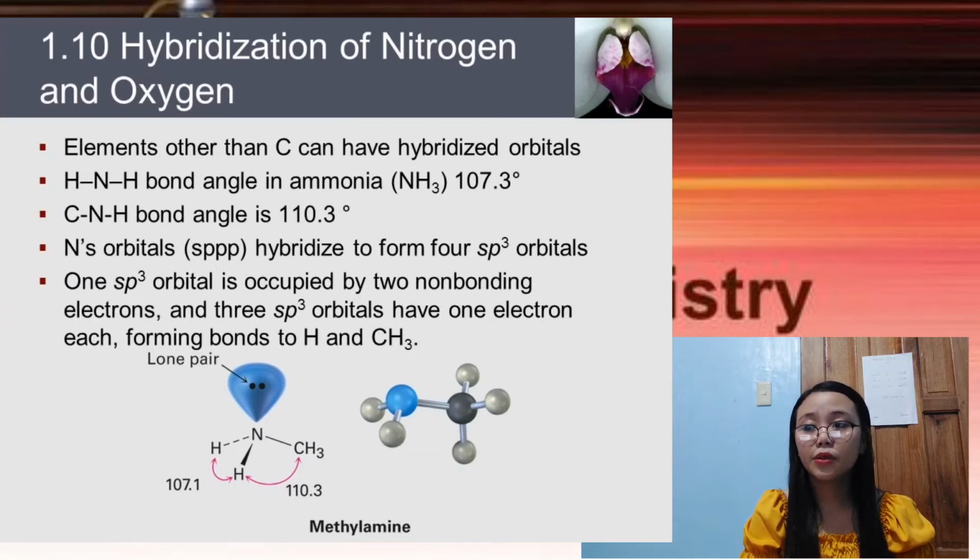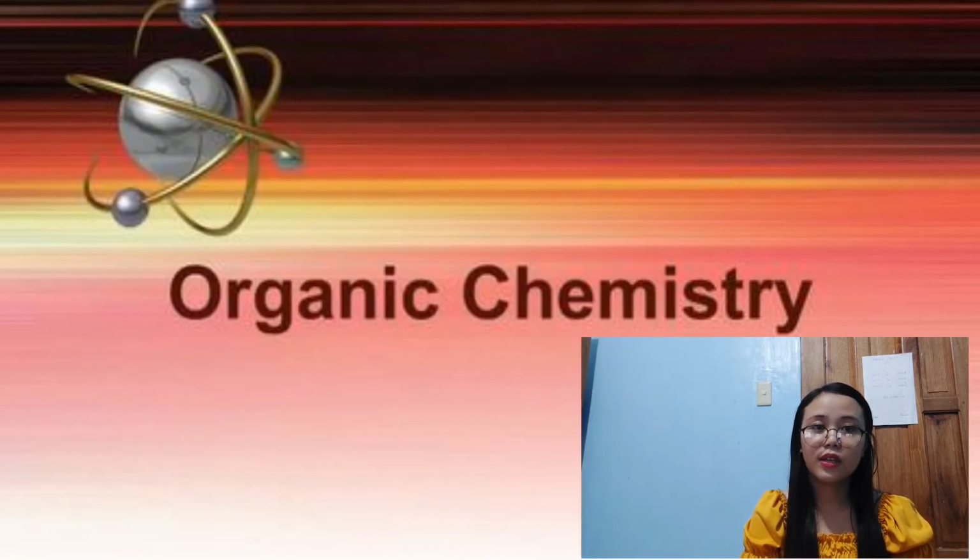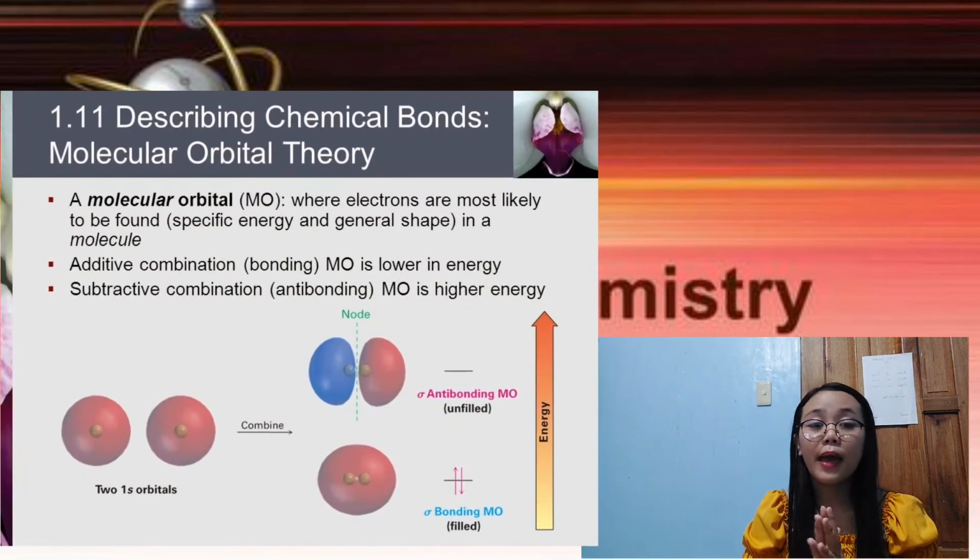One sp3 orbital is occupied by 2 non-bonding electrons and 3 sp3 orbitals have 1 electron each, forming bonds to H and CH3. Describing chemical bonds: molecular orbital theory.